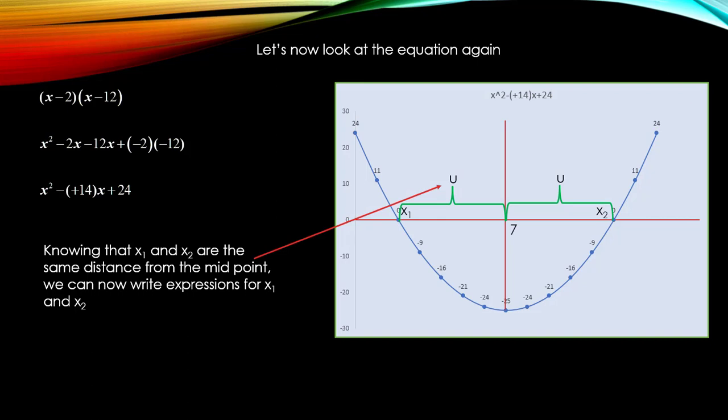Now, knowing that x1 and x2 are the same distance from the midpoint, we can now write expressions for x1 and x2 that are related to this point and to this unknown distance that we see here.